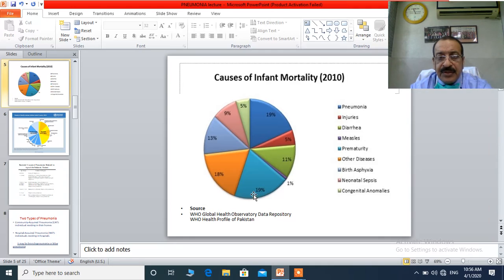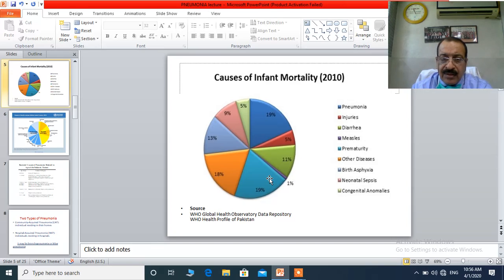Now, if you look at this picture, you can see that in infancy, most of the patients die because of pneumonia, and pneumonia accounts for about 19% of deaths in infants. This is closely followed by premature babies.